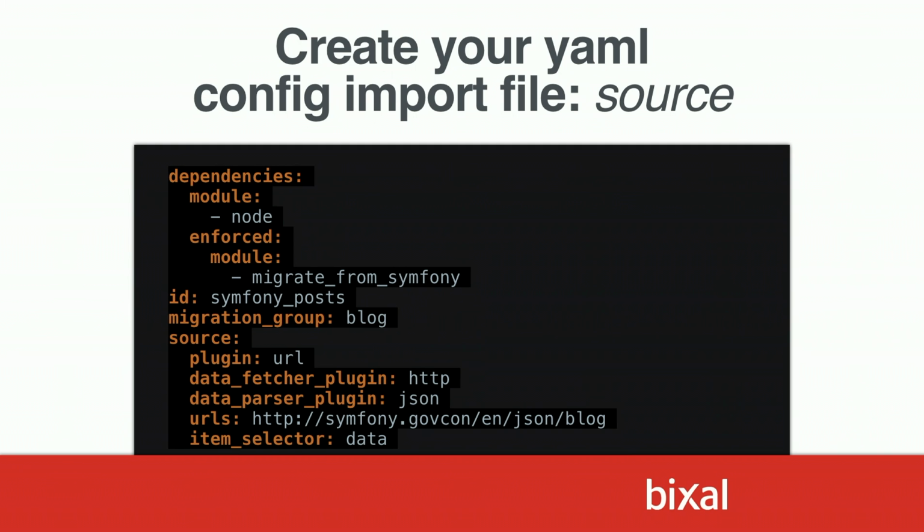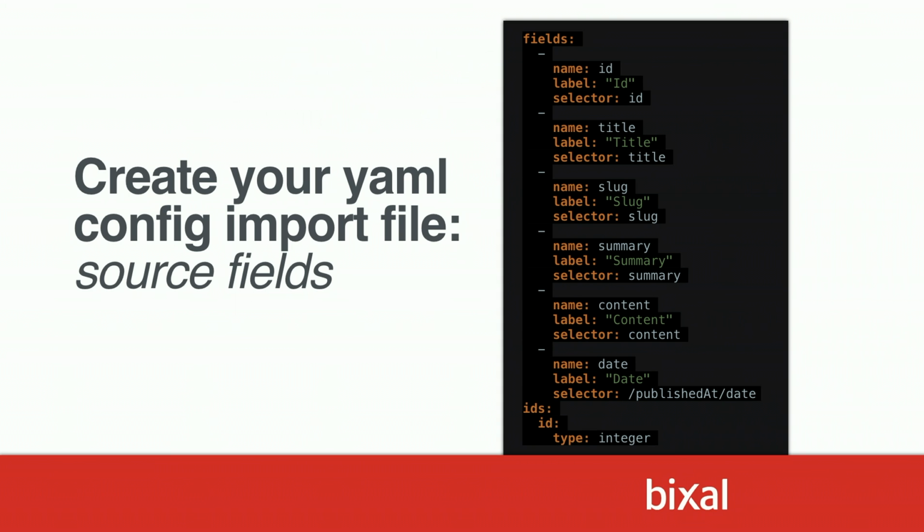This is all that we have to do to tell Drupal we're going to be performing a migration from a URL or with a JSON file. Then we need to map those fields from the source and give them a name. For the selector I am using the same name here, but you can name them differently. This also can help you when errors occur; you will see those names as part of your errors sometimes, not all the time.